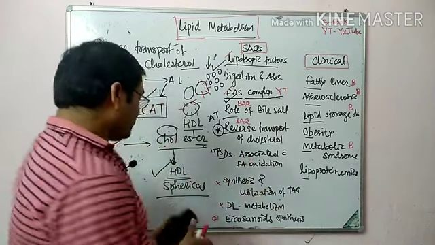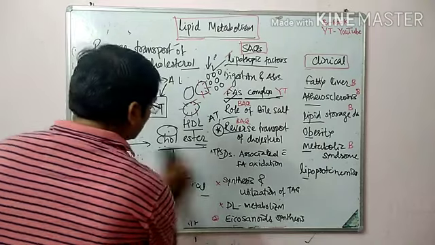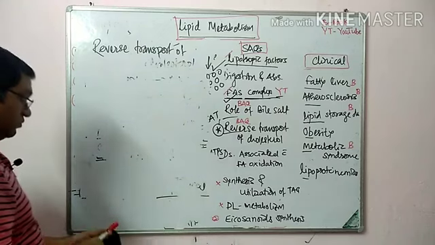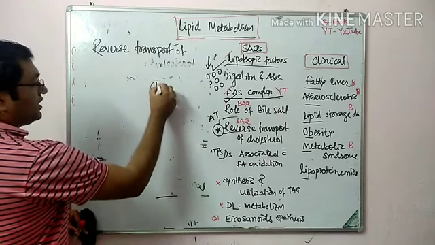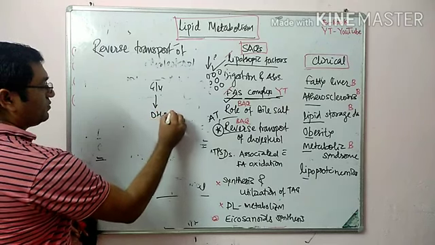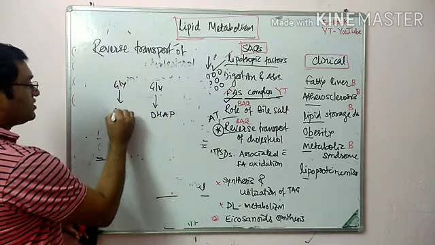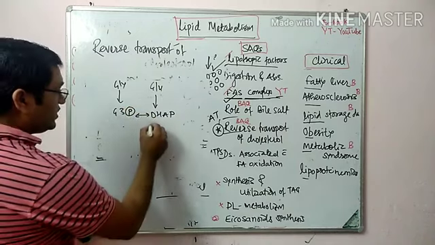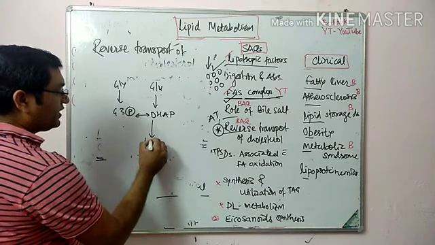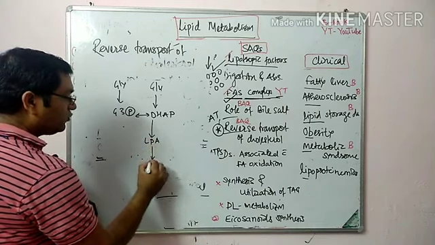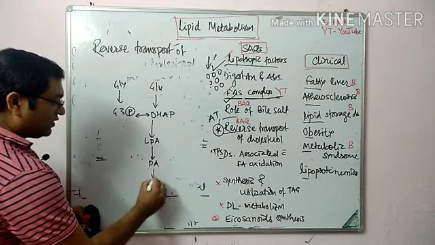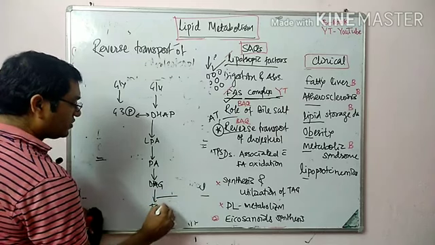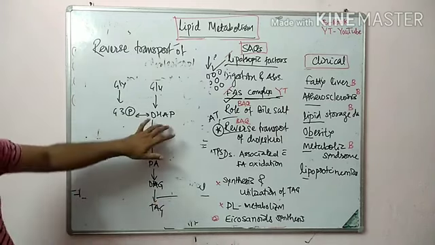DHAP and glycerol 3-phosphate. Discuss in short the synthesis of phospholipid and TAG. Through glucose there is formation of DHAP, and through glycerol there is formation of glycerol 3-phosphate. These are interconvertible. Now this DHAP is converted into lysophosphatidic acid, which is converted into phosphatidic acid, which is converted into diacylglycerol, DAG, and then into triacylglycerol.